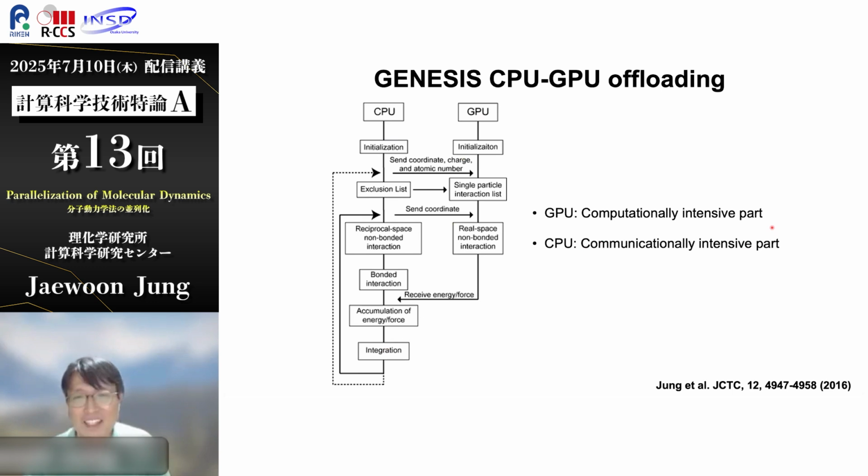But nowadays, because GPU is very fast, much faster than CPU, I think we also need to consider multiple heterogeneous CPU-GPU offloading like the GROMACS case. And now we are developing multiple heterogeneous offloading options in Genesis.